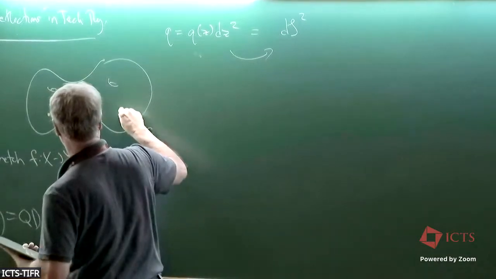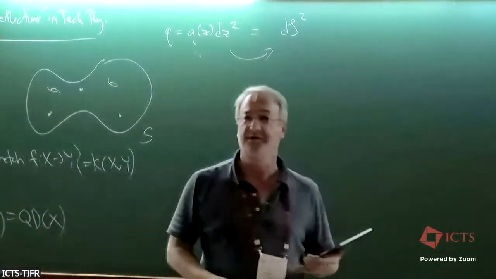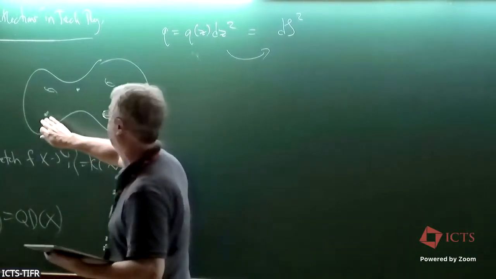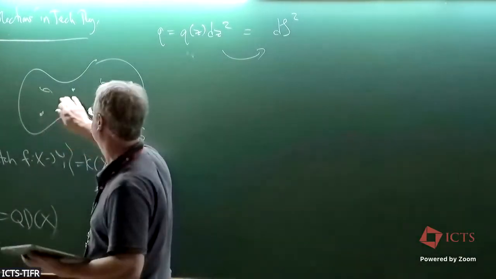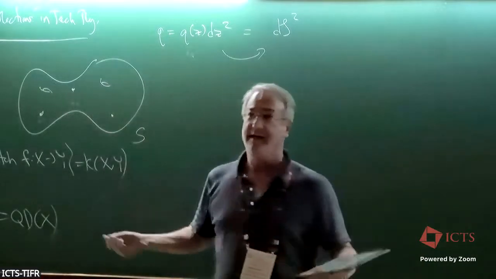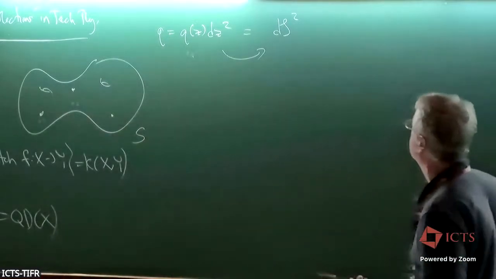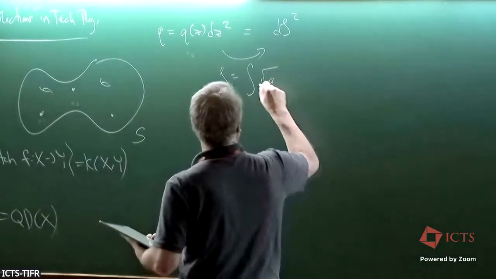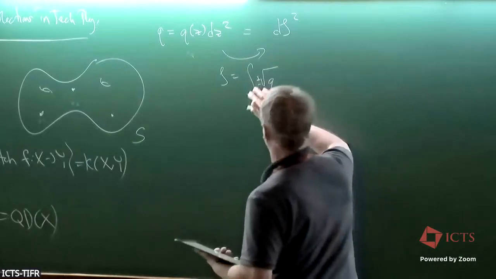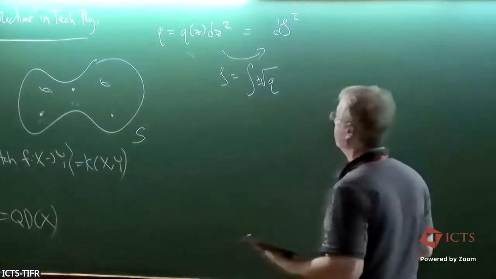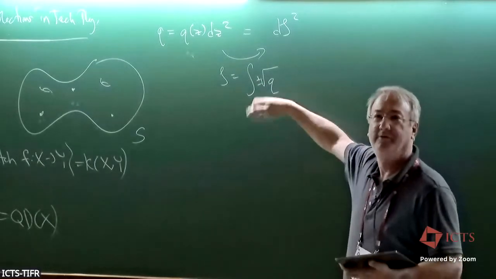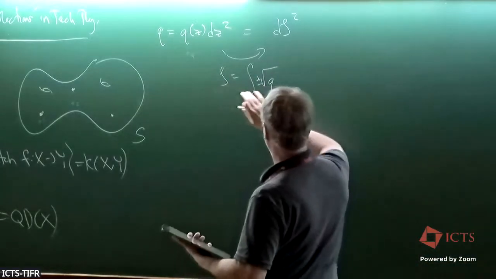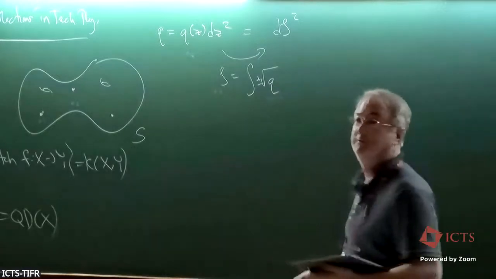So first I look at the divisor of Q, where it's 0, and Q has two different types of behavior. There's behavior near the divisor, and there's behavior away from the divisor, and that's the dichotomy in thinking about this. But I can change coordinates to a new coordinate zeta by taking the square root. The square root is locally a 1-form. I integrate it, I get a new coordinate zeta, and in that new coordinate, d zeta squared is Q.